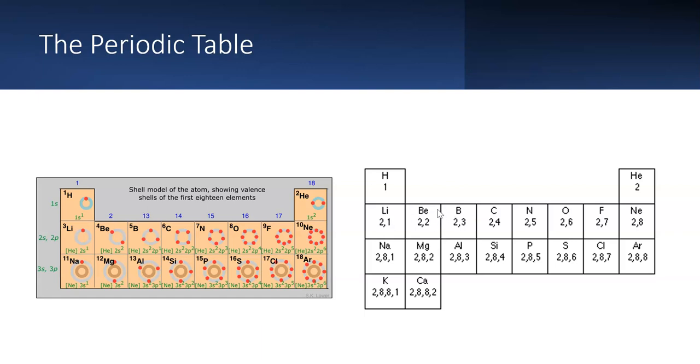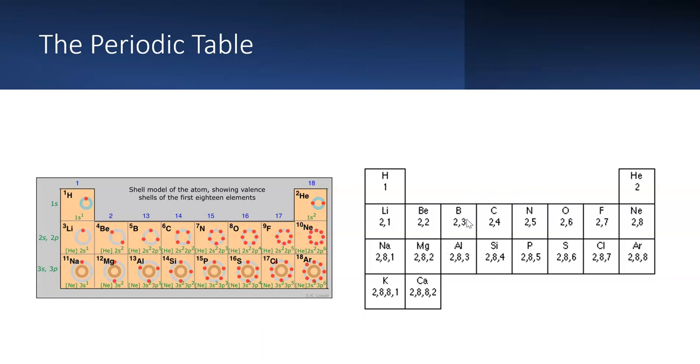Now, if we look down the second group, we can see they've got 2 electrons in their valence shell. And then group 13, just remembering there's some complications to the periodic table because we've got those transition metals that aren't here.